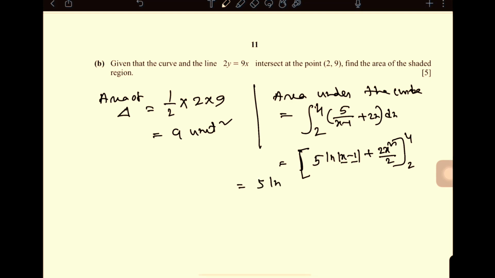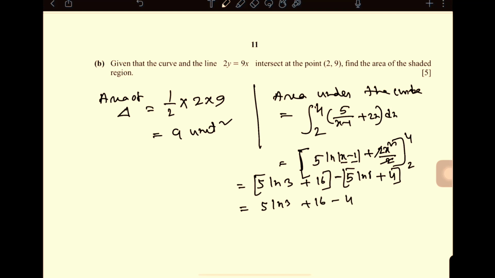So from 2 to 4. Let me place 4 first of all. 4 minus 1, 3, plus 4 square, that is 16, minus 5 ln (2 minus 1), 1, plus 2 square, that is 4. Now let us simplify. 5 ln 3 plus 16 minus ln 1, 0.